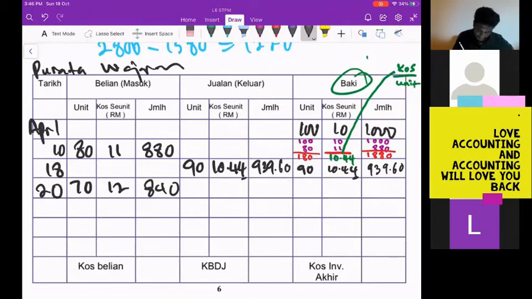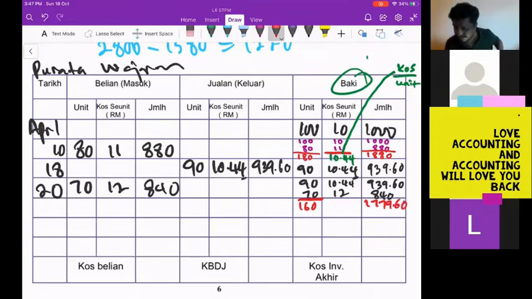Then I get here, the balance is 90, 10.44, 939.60. Then 70, 12, 840. Just plus: 90 plus 70 is 160, and your total cost 939.60 plus 840, you get 1779.60.